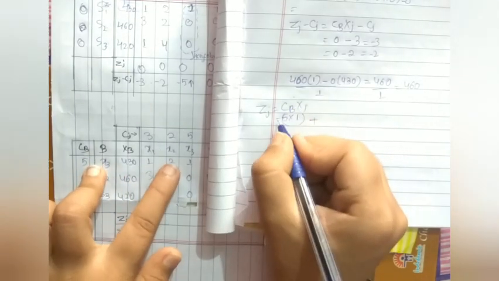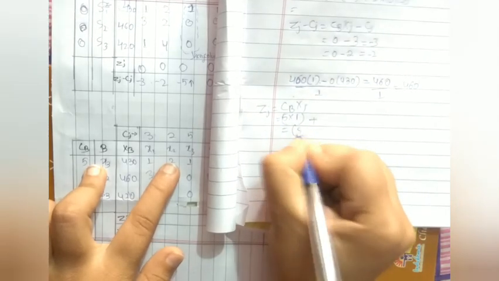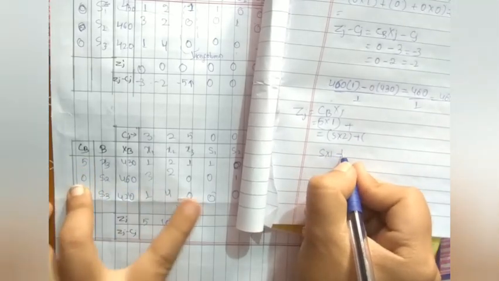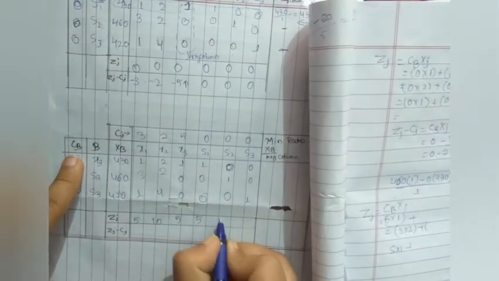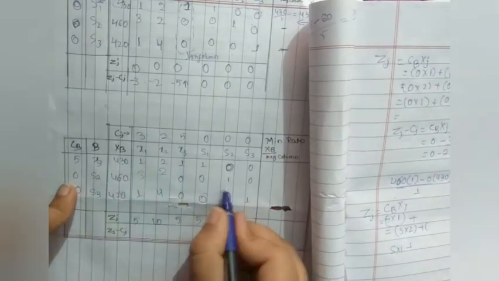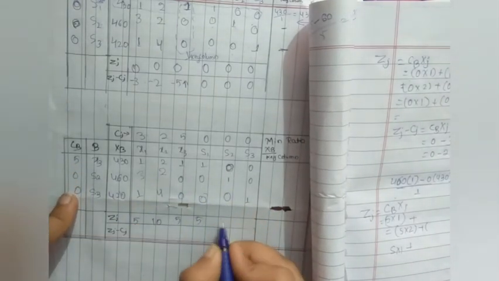Then 5 into 2 plus 0 into 2, 0 into 4 is 0, that is 10. Then 5 ones are 5 plus 0 into 0, 0 into 0, becomes 5. Then 5 into 1 is 5, 0 into 0, 0 into 0, becomes 5. Then 5 into 0 is 0, 1 into 0, 0 into 0, becomes 0.